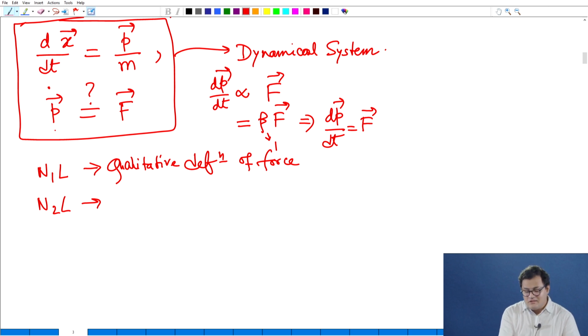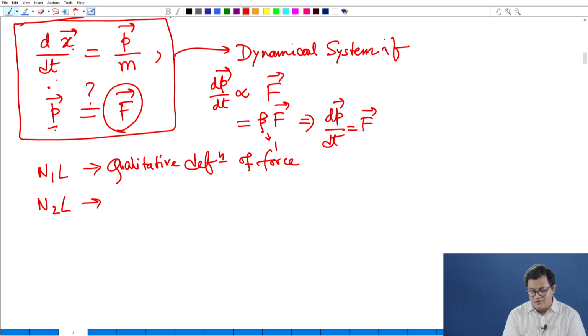Here you see this actually is a dynamical system if there is a condition: I can write this f as a function of p or x or t.